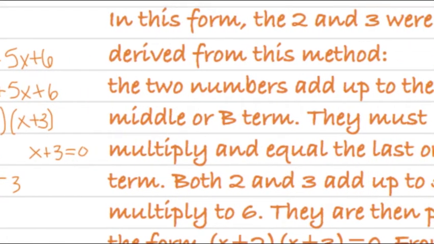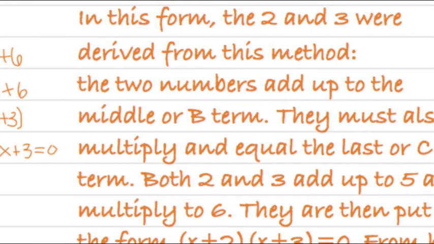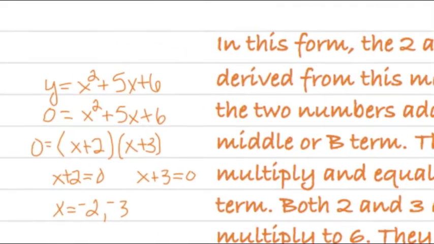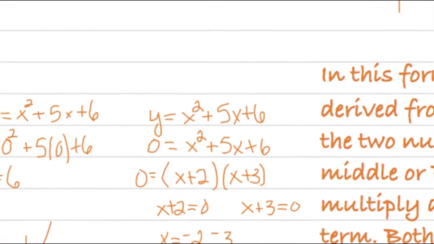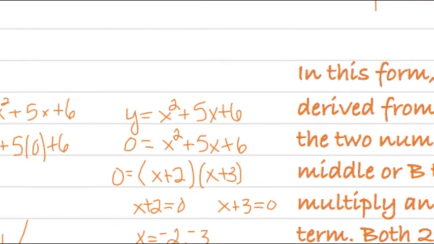The two numbers add up to the middle, or b term. They must also multiply and equal the last, or c term. What I'm referring to as b and c is the standard form. It's a times x squared plus bx plus c. That's standard form. So over here, a is 1, but you don't see the 1. B is 5. C is 6.